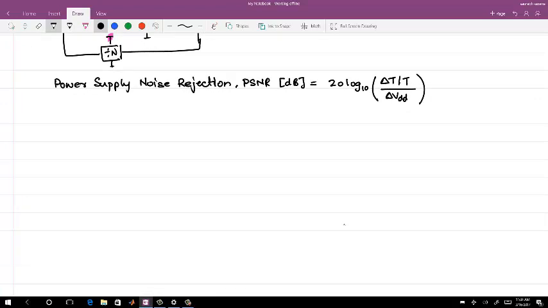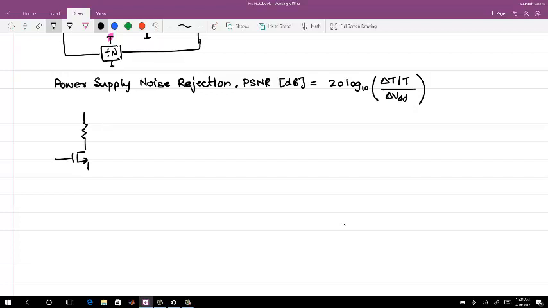One case is when we look at PSNR: if you consider all differential cells, then the noise is limited, depending on whether it appears as common mode or differential. The noise appears as common mode in differential cells. Let me show you that.